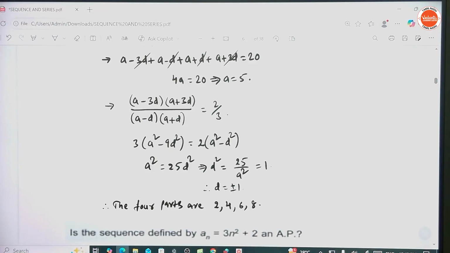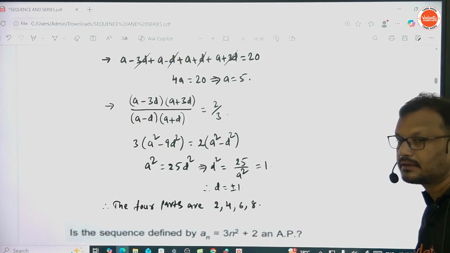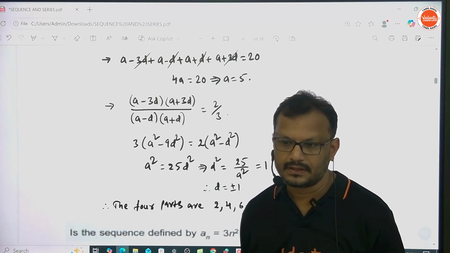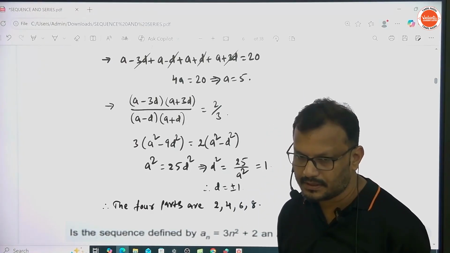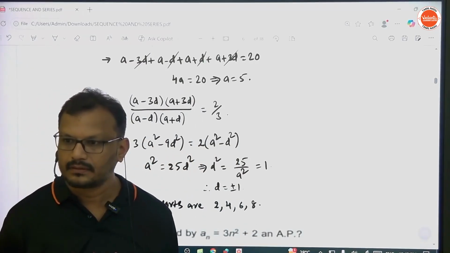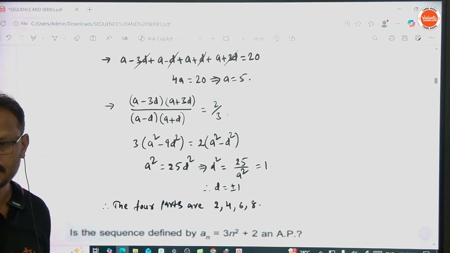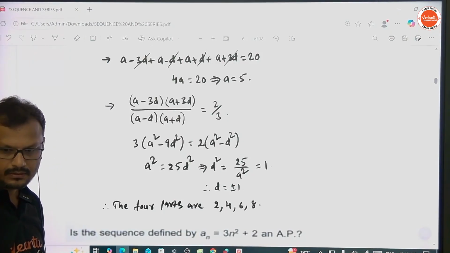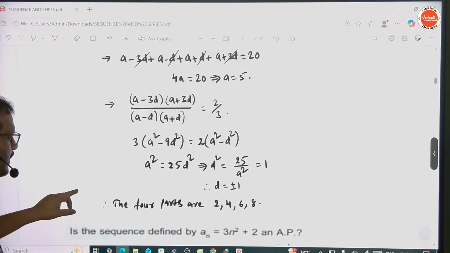If not, why? The nth term must be linear. Just now we discussed, if the nth term is not a linear equation in terms of n, then it is not in AP. Simple. So every point is important. Clear now?